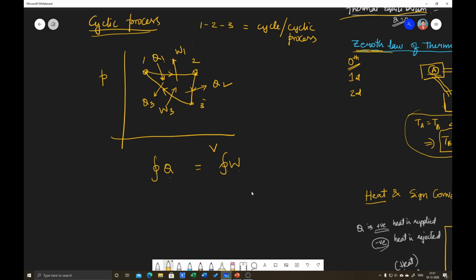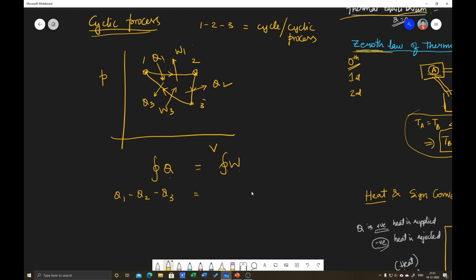So let's get into details. Here Q1, Q2 and Q3, there are 3 Qs. Q1 is heat supplied to the system, so it is positive. Q2 is heat rejected by the system, that is negative, and Q3 is also heat coming out of the system, so it is also negative.